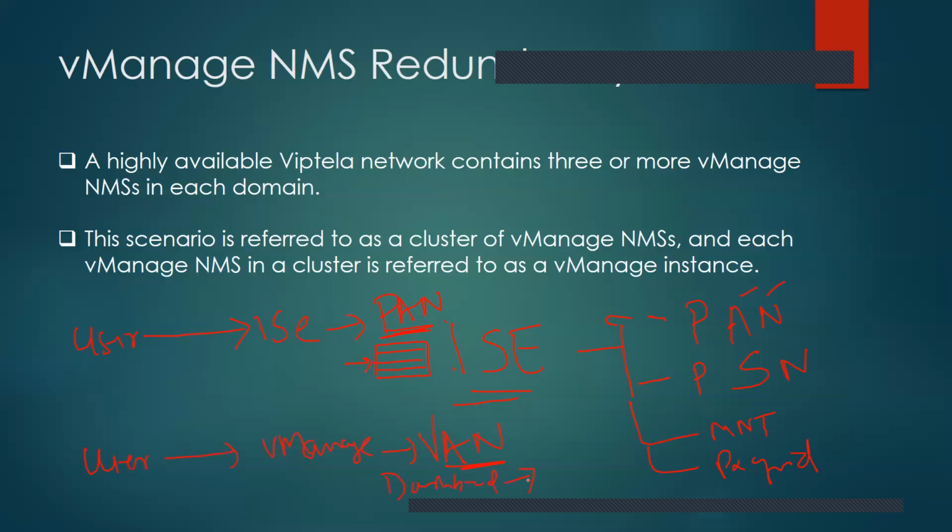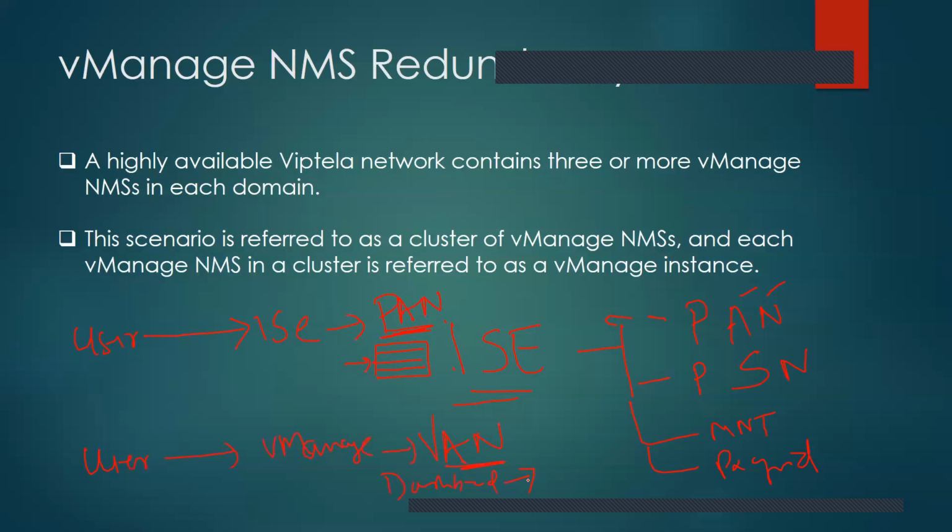Correct? So we are logging in to the vManage dashboard, and then you will see the concept related to front end and back end. Remember, when we deployed vManage, unlike all other controllers, for vManage you have to give some sort of data store, maybe 50 GB or 100 GB or 500 GB.